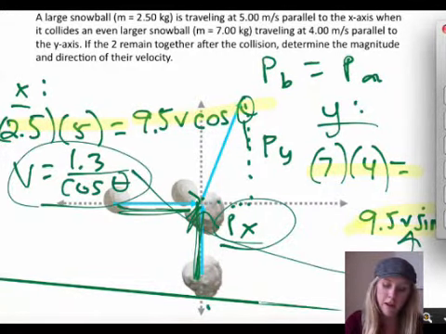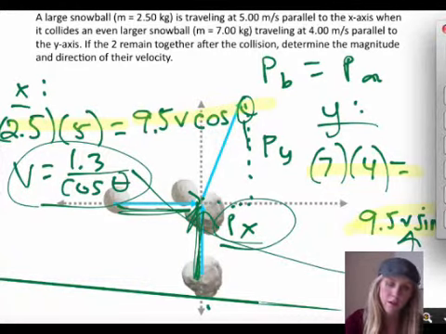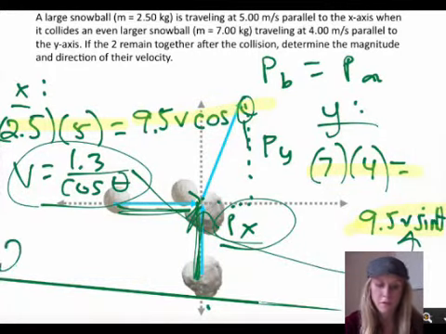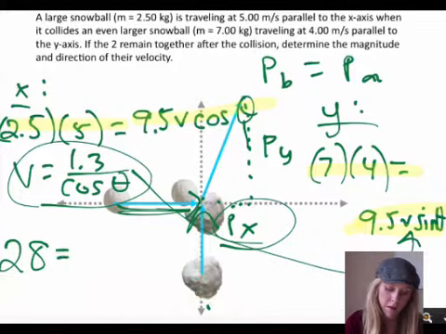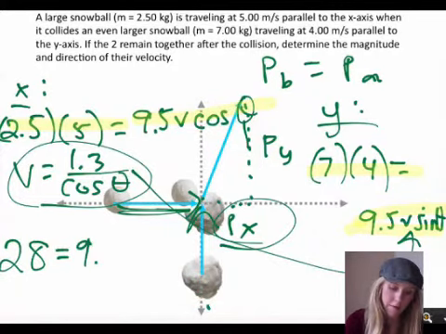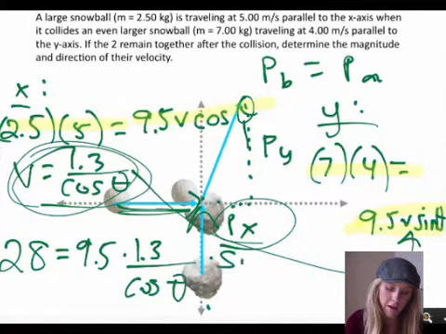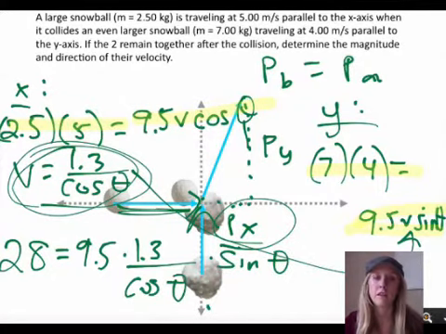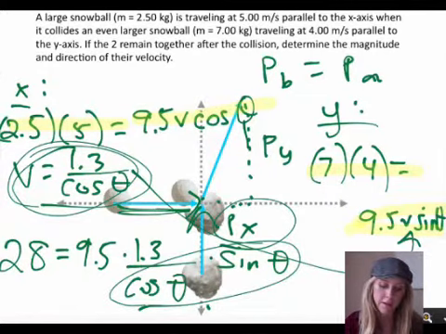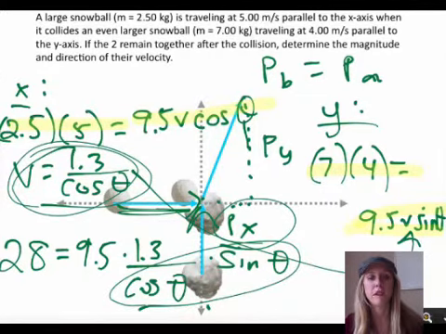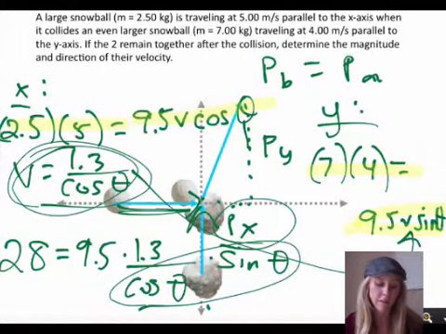We're going to plug that in over here. So we get 7 times 4, so 28, equals 9.5 times v, so v is this guy, 1.3 over cosine of theta, times sine of theta. Now, your life will be much easier if you know that sine of theta divided by cosine of theta equals tangent of theta.